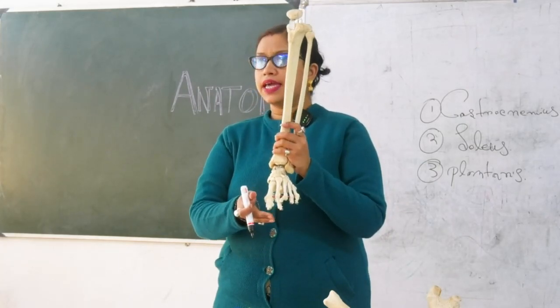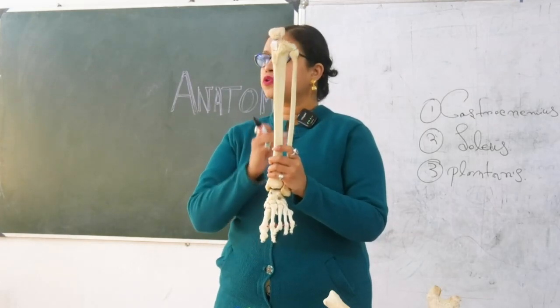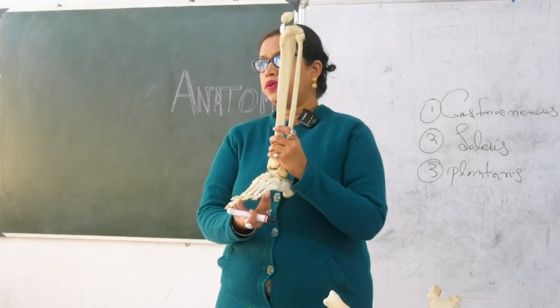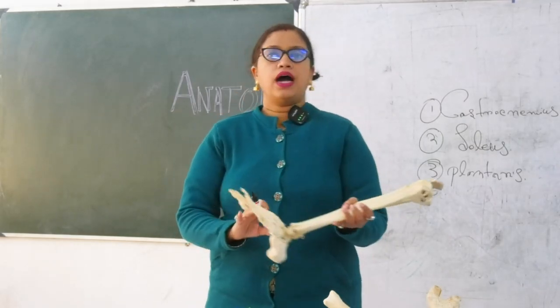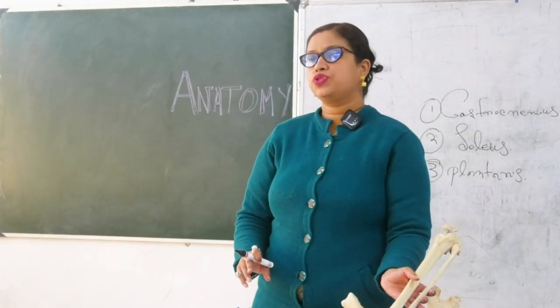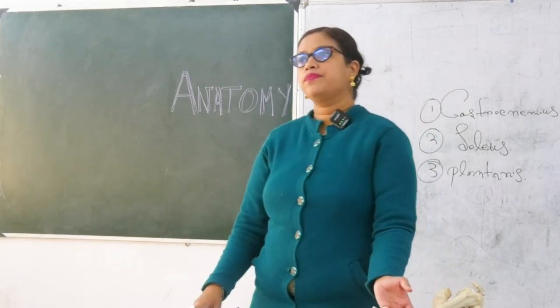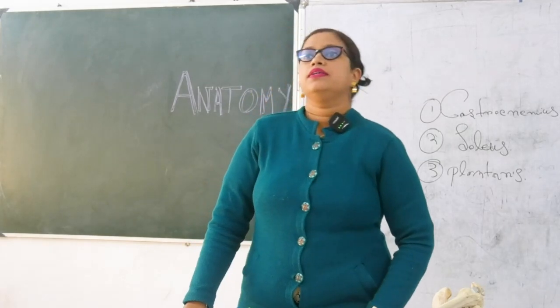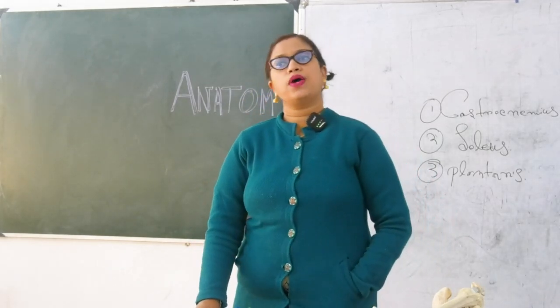And tibialis posterior will insert to the fifth metatarsal, okay, on the little finger. Now about the tibialis posterior, the nerve supply would be the same, the tibial nerve and the root value is S1 and S2.